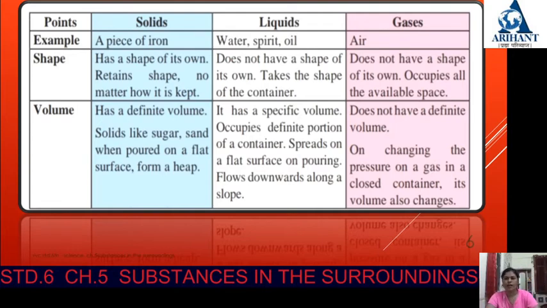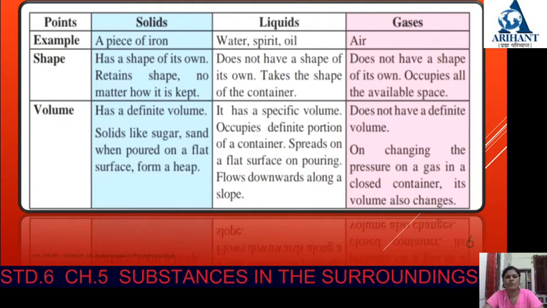I think everyone has seen it in our home. We see that the shape of the gas is nothing. When gas leaks in the kitchen, we smell it in the hall also. It has no shape, so it occupies all available space and gets spread all over.